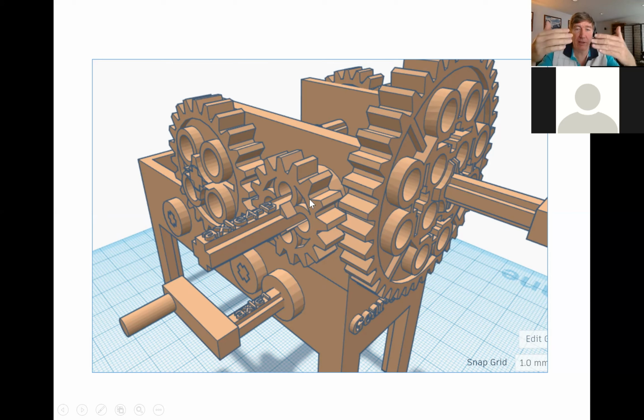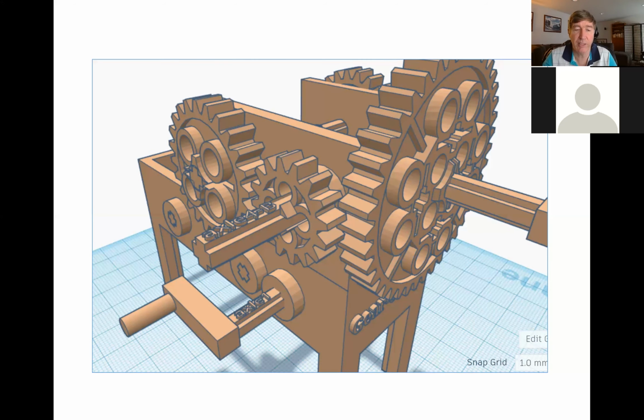Normally gears are in the same plane, but in this case it's rotated. So I've got a gear in one plane and the other gear is rotated 90 degrees from this, okay?